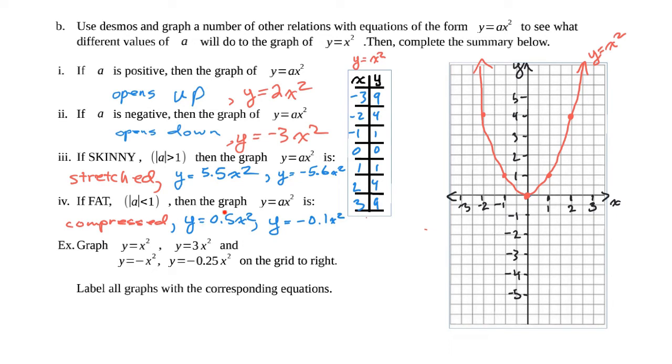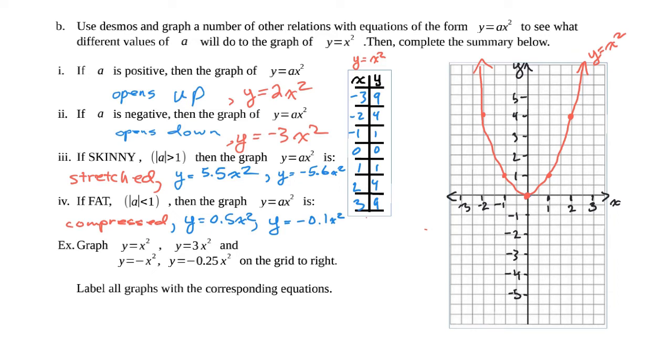This first one is positive, it's opening up, but its stretch factor is 0.5, so that means it's getting flattened. And then if you look here, this one is opening down, but its value of a is 0.1. And because it's less than 1, it's still compressed. But its compression factor is 0.1.